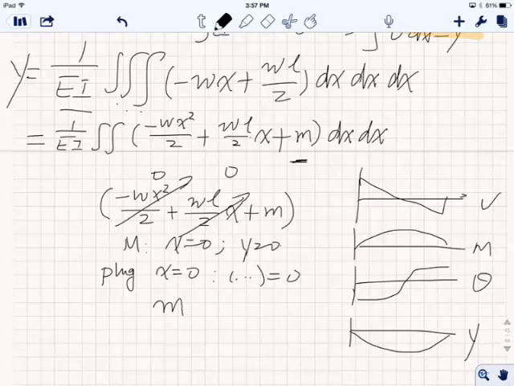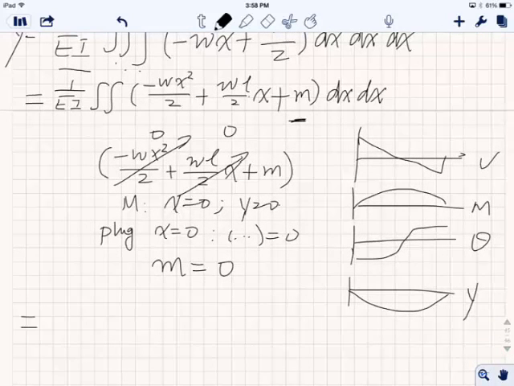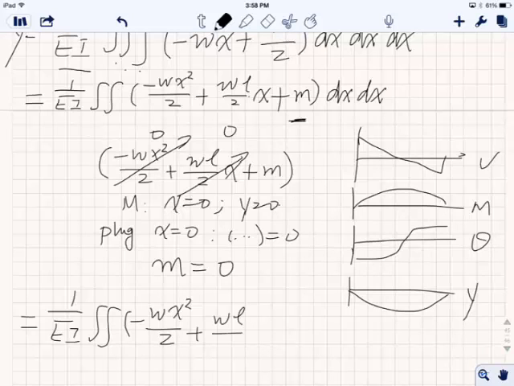So therefore, m is 0. Get it? All right, good. So therefore, what we end up with is this. One step closer.